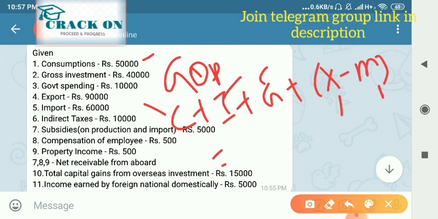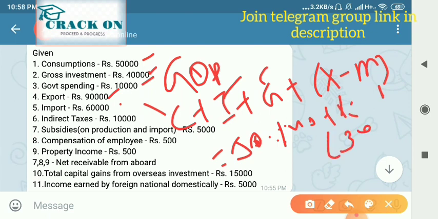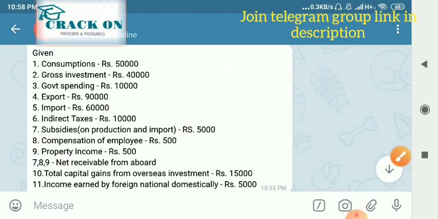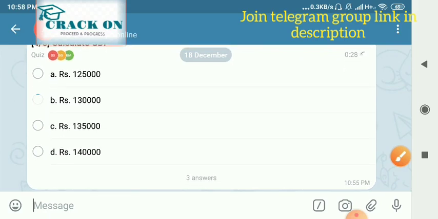So here consumption is 50,000, gross investment 40,000, government spending 10,000, export minus import. So 50 plus 40 plus 10, and this is 91 and 60 equals 30. So 50 plus 40 plus 10, that is 13. So see the answer.